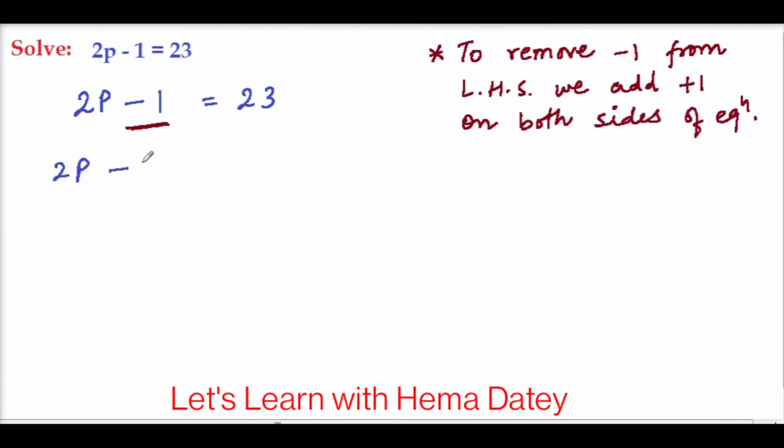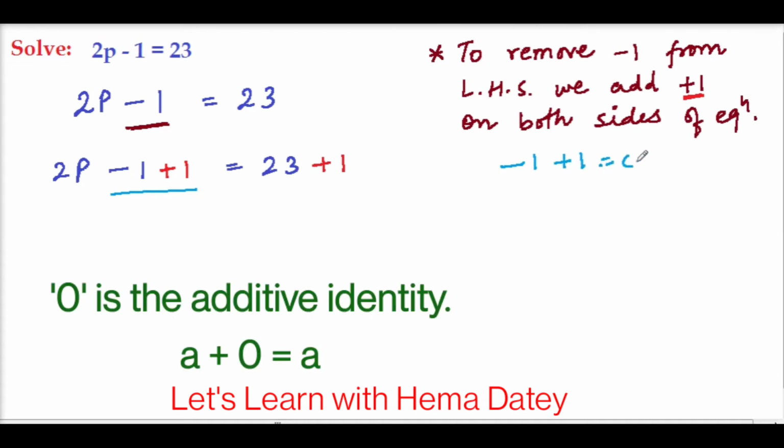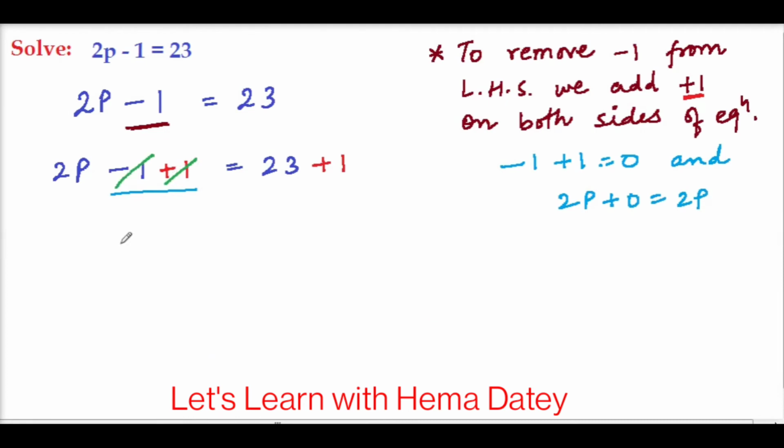In the next step we write 2p minus 1 equals 23, and we add plus 1 on both sides, plus 1 and plus 1. Minus 1 and plus 1 gives us 0. And 2p plus 0 equals 2p. Minus 1 plus 1 cancelled.